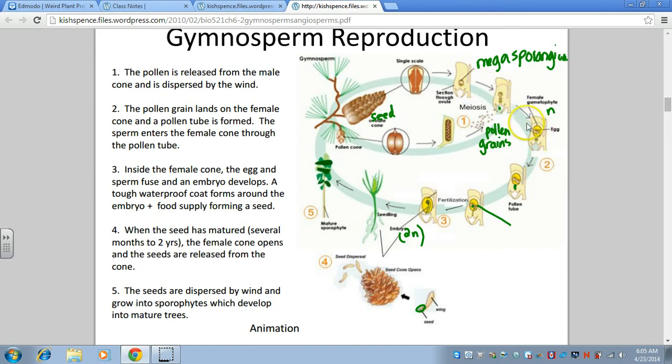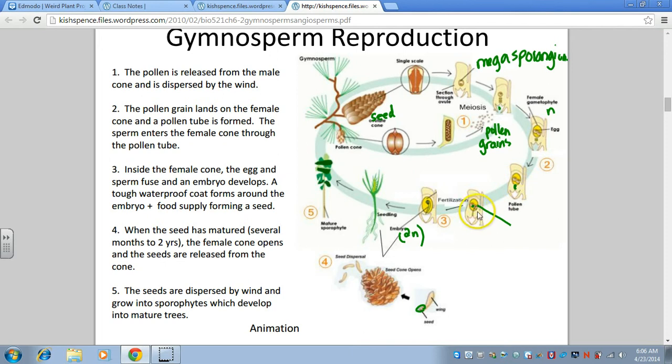Again, meiosis has happened, so the sperm that are made in the pollen grains and the egg that is made in the ovule are haploid. When the pollen grains land, they form a pollen tube. So this green line I drew was the pollen tube that will form from where it lands up to where the egg is.